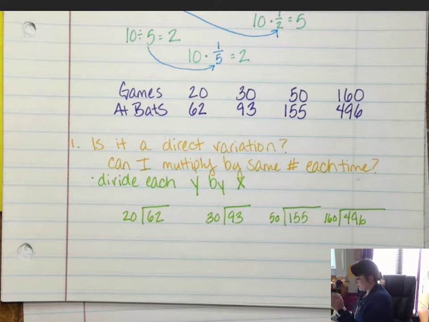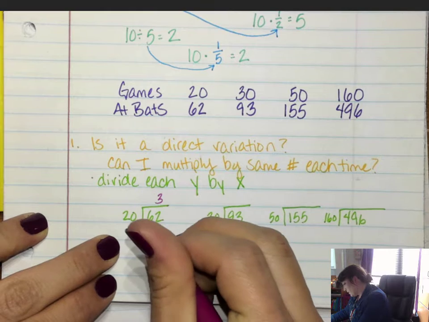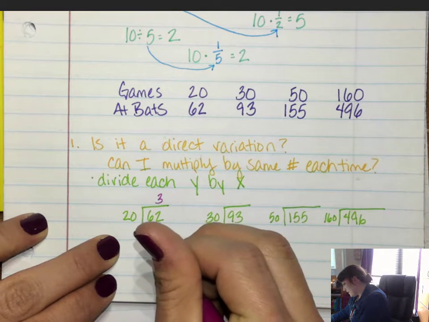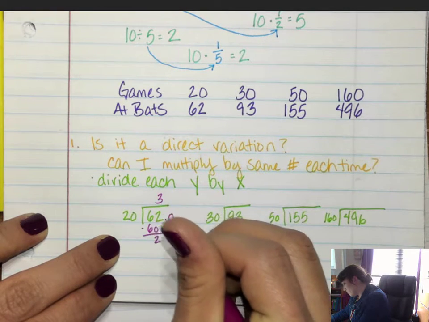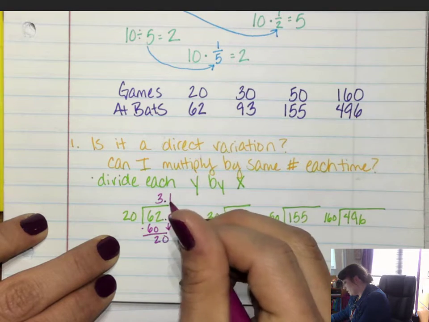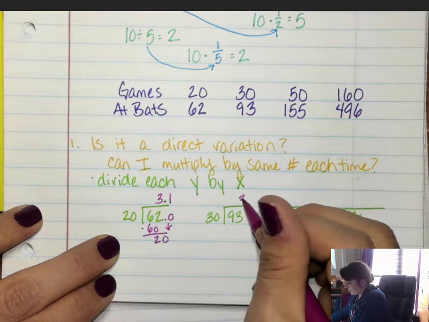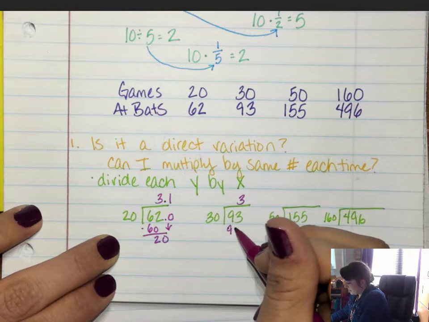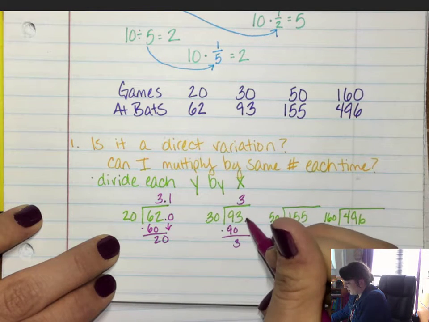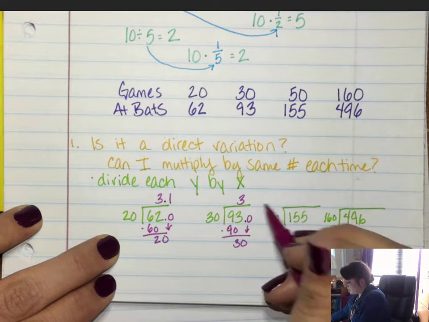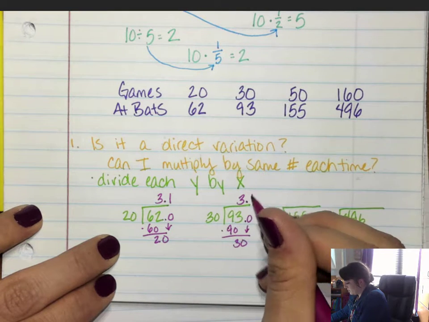All right. So we're dividing. How many times can 20 go into 60? 3, and that comes out to 60. Then I've got a 2, and that would be 0.1. So 3.1. How many times can 30 go into 93? 3, and that's going to be 90, and you get 3.1.